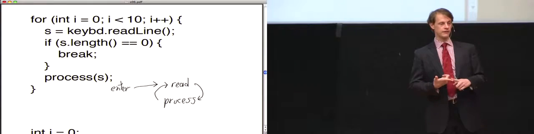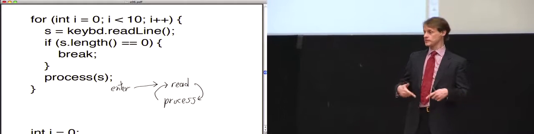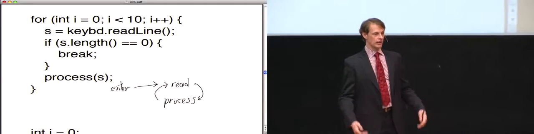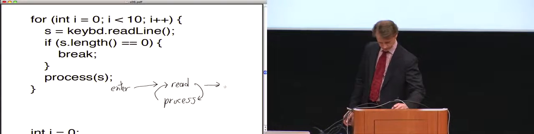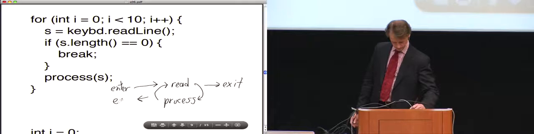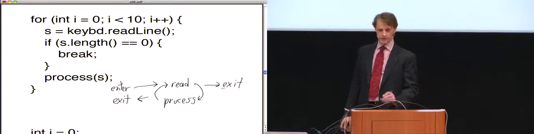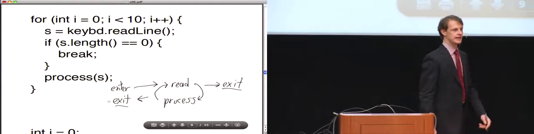I want to exit if I read an empty string from the keyboard, and I only want to loop 10 times. So after 10 iterations, I'm going to stop whether or not the user's done. So now I have two natural exit points. Because I'm going to exit here if I read an empty string from the keyboard. I'm going to exit here after I do the loop 10 times.